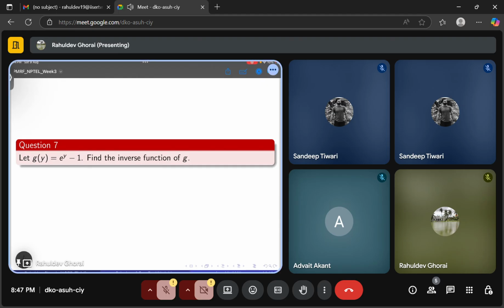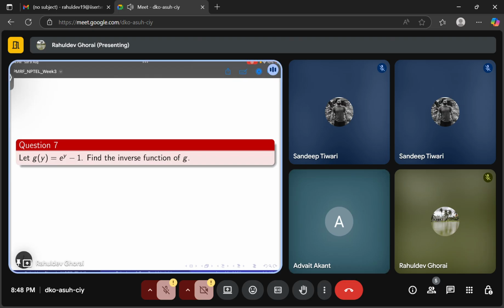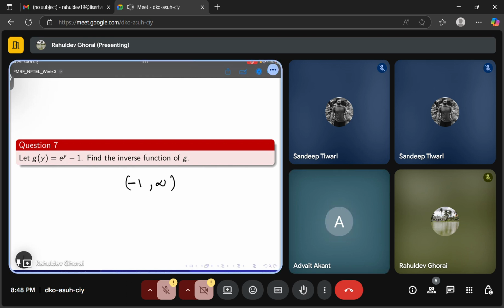What's the domain? Minus 1 to infinity, open. Okay, that type of things will be coming. So it's not just minus infinity to infinity.